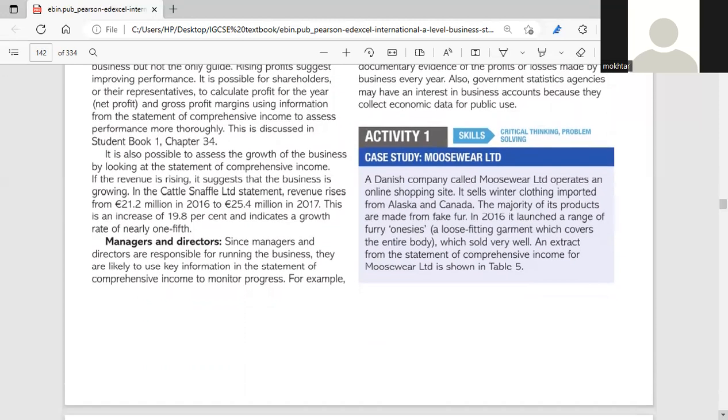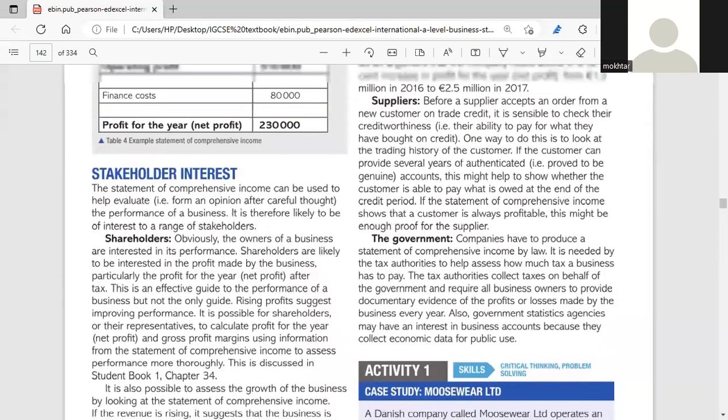For the managers and directors, what relevance is the financial statement to them? Managers and directors are the ones responsible for the key decisions of the business. They take charge of business activity. They make decisions, so whatever happens to the business becomes their own responsibility.